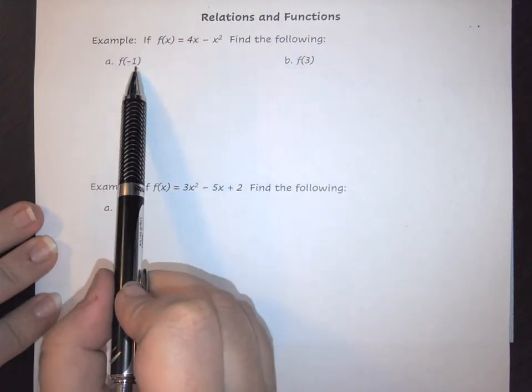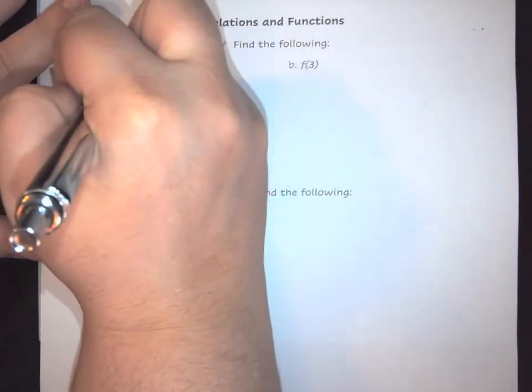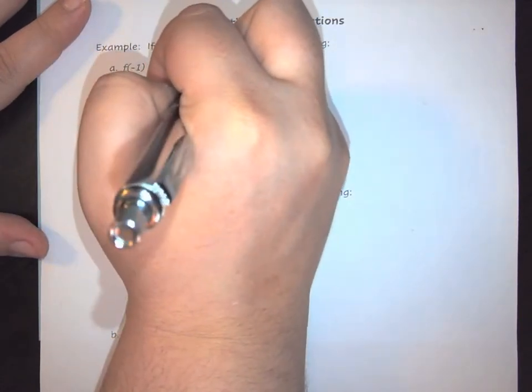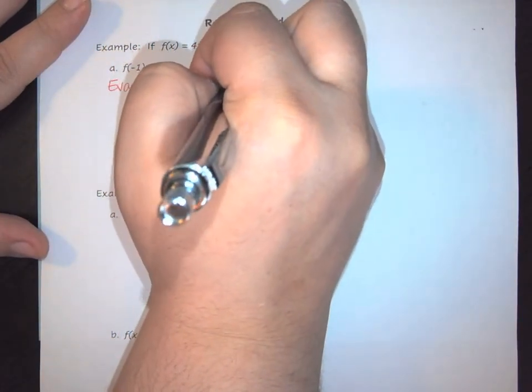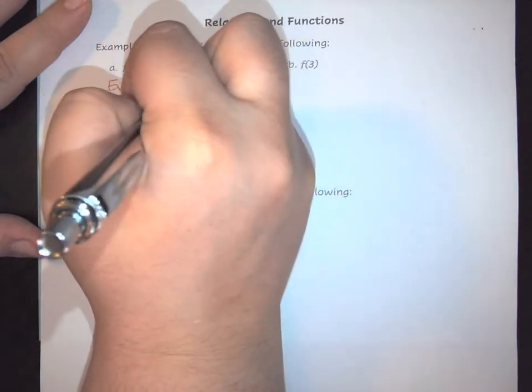F of -1. What this actually means is we need to evaluate the function at x equals -1.